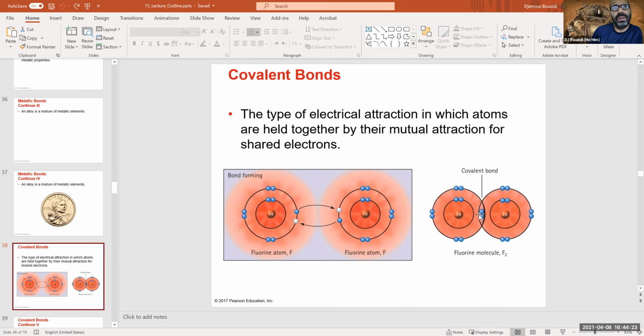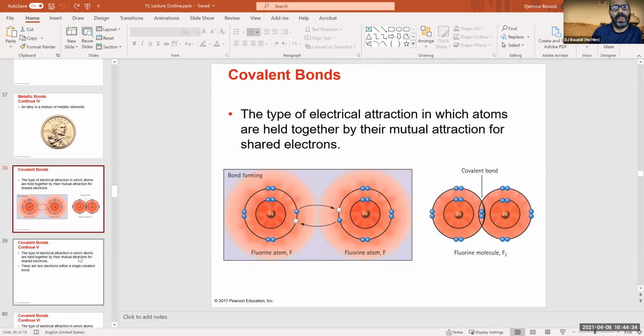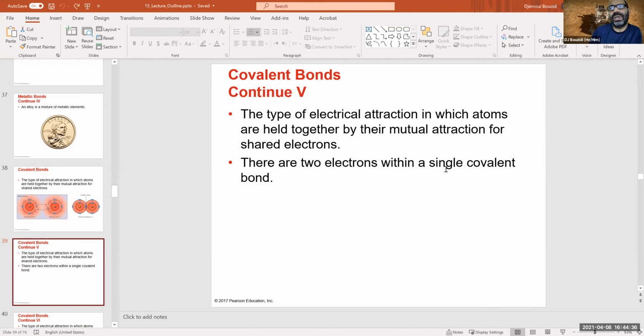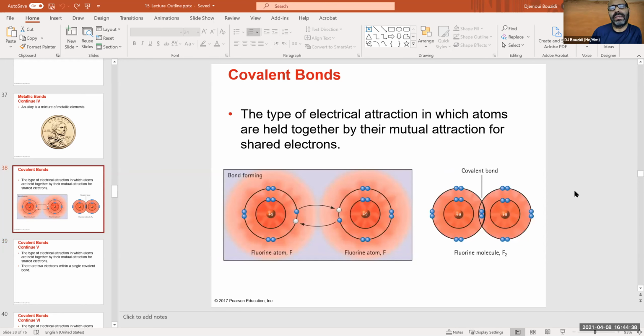The probability of their presence is extremely high in the middle than on the outskirts on one side or the other of these two atoms. So there are 2 electrons within. Nobody gives, nobody takes. They share, okay?